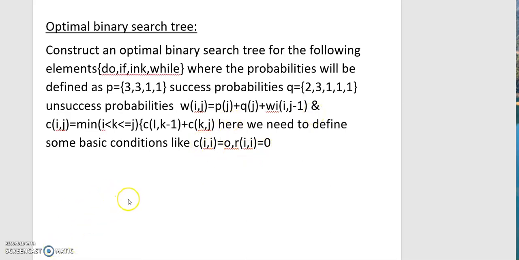First of all, we need to take one table because this can be done with the help of the tabulation method. The tabulation method is one of the approaches of dynamic programming. Here we have to take n plus 1 rows and columns, n equal to 4 elements.